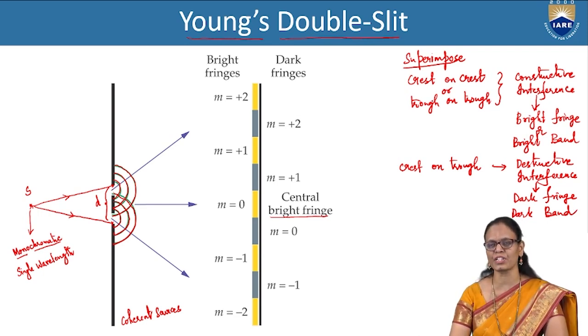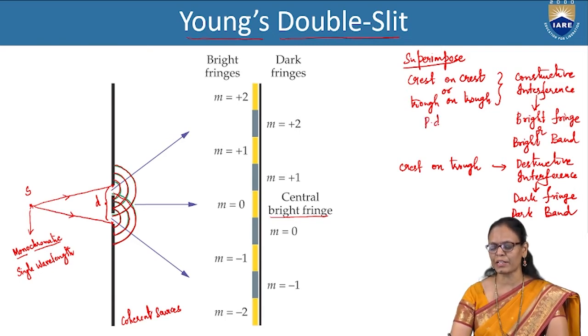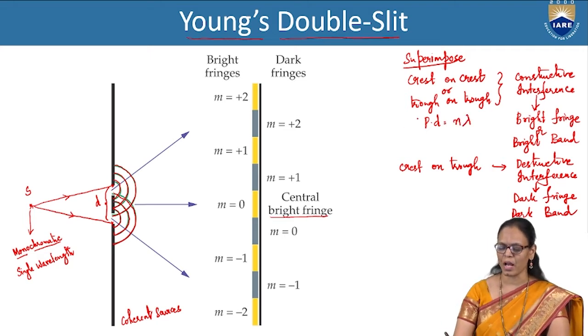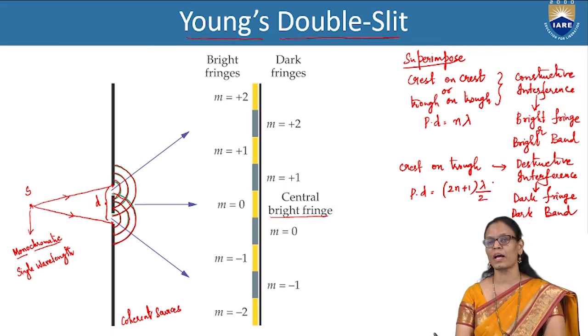Also, we have the conditions which we have already discussed in the theory. When the path difference is an integral multiple of lambda, we have constructive interference. And when the path difference is an odd multiple of lambda by 2, a half multiple of lambda, then we get destructive interference.